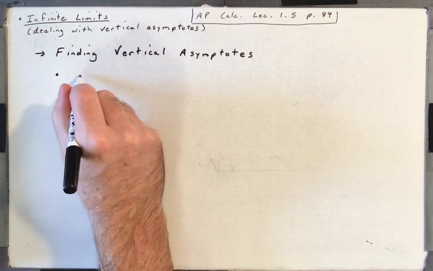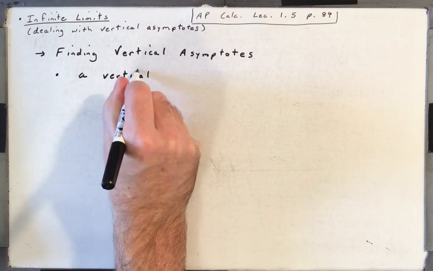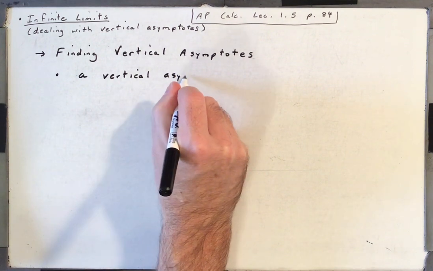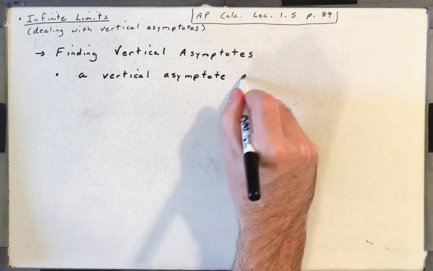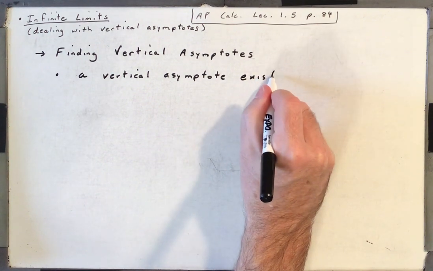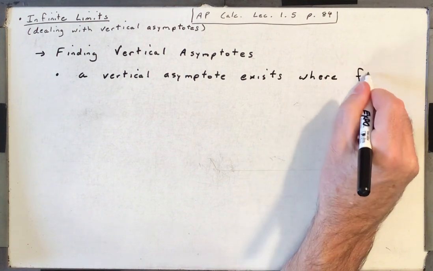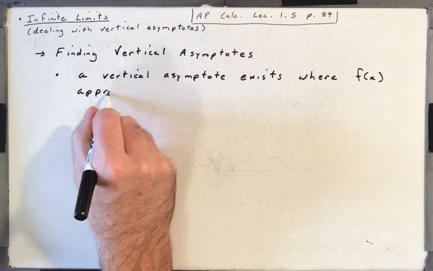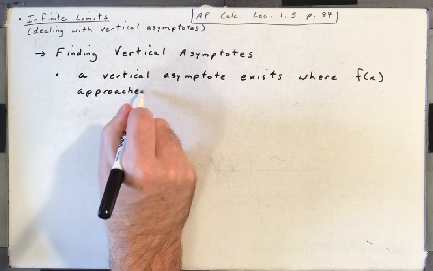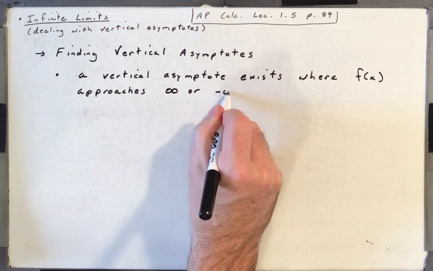Okay, so a vertical asymptote exists where f of x approaches infinity or negative infinity.